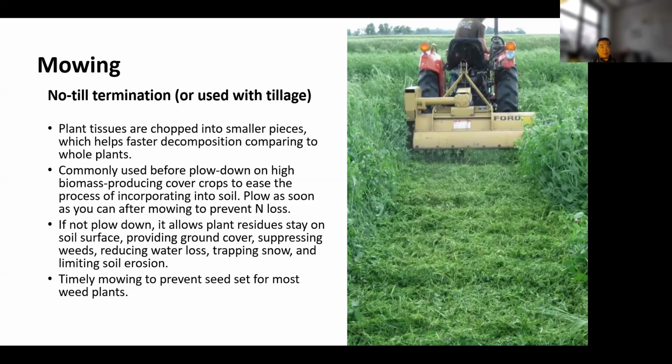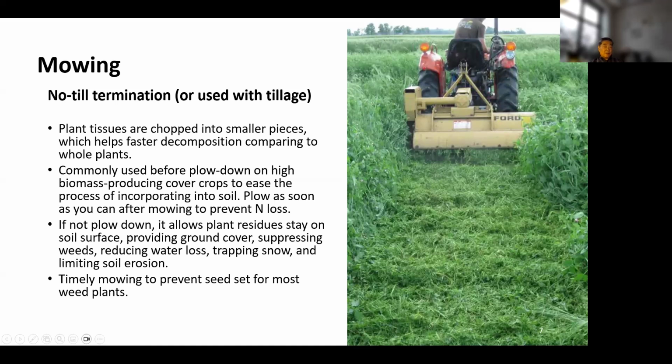Because after you chop this kind of plant tissue, it starts decaying, and some of the nitrogen is exposed to the air and would be lost. So if you plow them down and bury them under the soil, then that nitrogen will be retained.